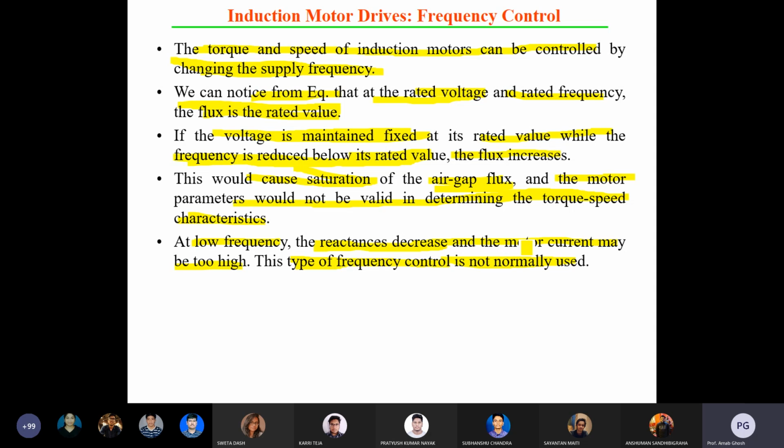It is really important for traction, and these are very important topics for questions that may come in the exam. Basically the power electronics converter controls your DC drives as well as AC drives.